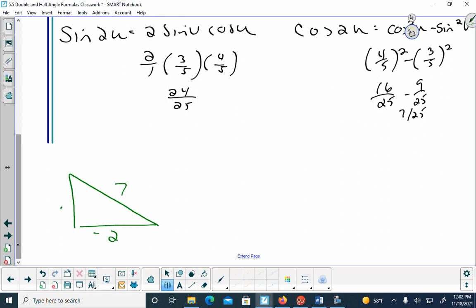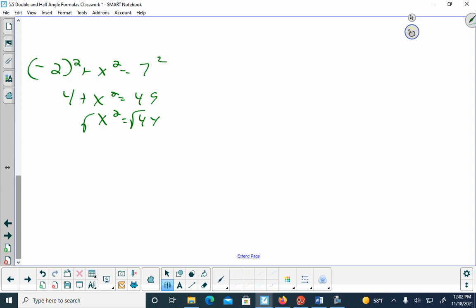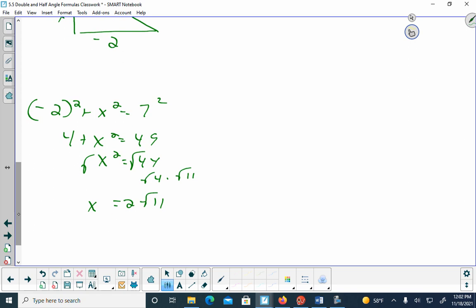Now I have to find this side here, so I'm going to take negative 2 squared plus x squared is equal to 7 squared. So x squared is equal to 45. Take the square root, and that'll end up being 3 times the square root of 5.